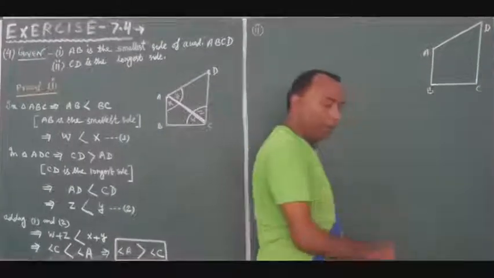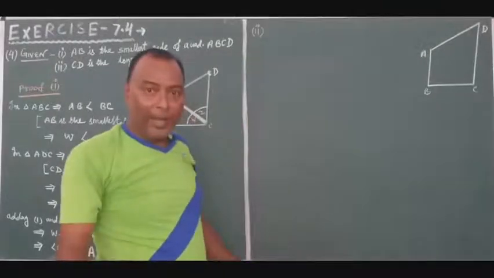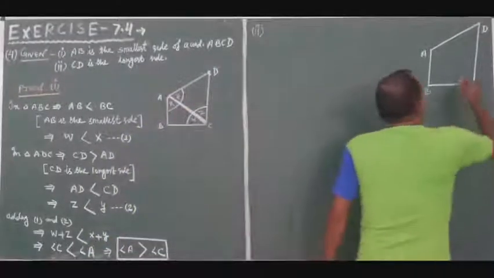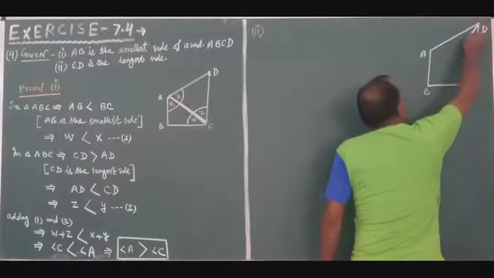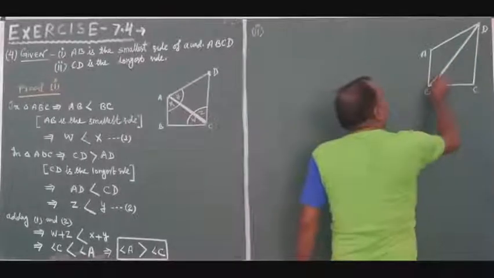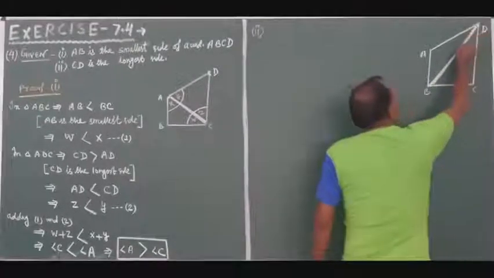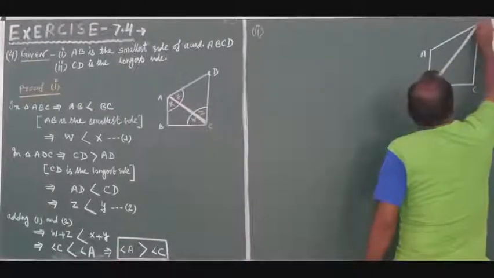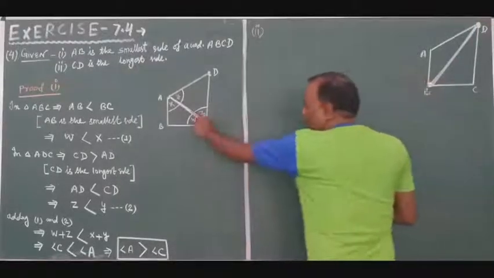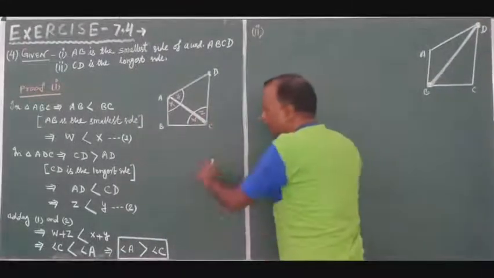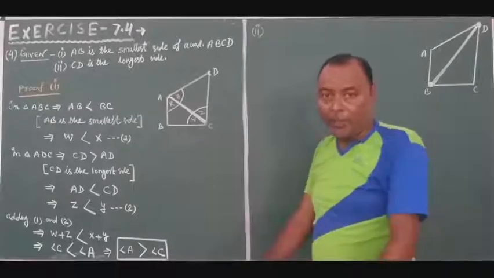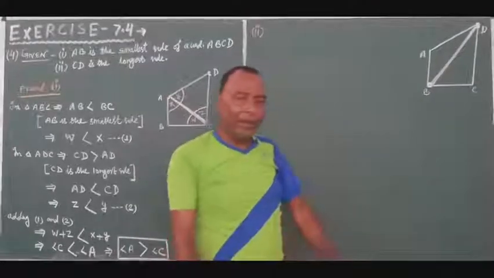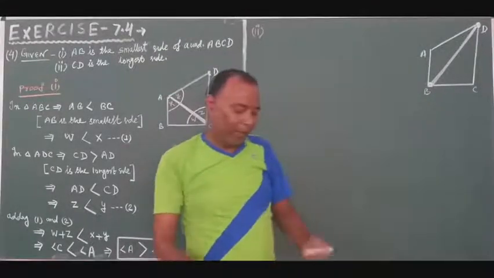Now we have to find a relation between angle B and angle D, so we will join this diagonal. Here we had joined A to C because we had to find the relation between angle A and angle C. Here we have to find the relation between angle B and angle D, so we will join these 2 points.